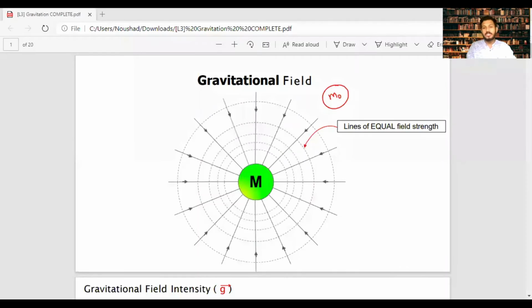Okay. Next, we have to discuss the gravitational field. This is a very important topic. We studied this in electrostatics, where we studied about electric field, but here we study about gravitational field.